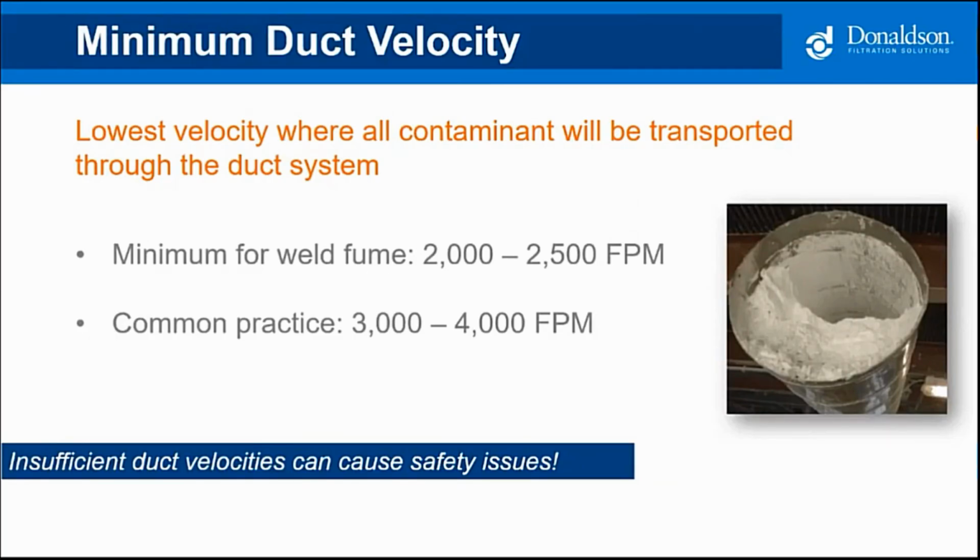But as you see in this chart here, the minimum for weld fume, according to the Industrial Ventilation Guide, is 2,000 to 2,500. But you notice that in our world, Donaldson Torit, we take more of a common practice of 3,000 to 4,000 feet per minute.